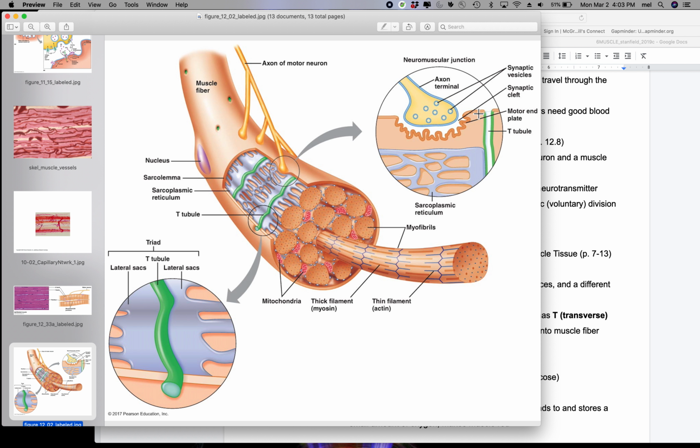The motor end plate is highly curved because it gives more room for receptors. And the more receptors it can have, the more it can respond to the neurotransmitter that's going to be used. So this is a single motor neuron making multiple connections on this one fiber. But if I cut that motor neuron, this fiber is paralyzed.